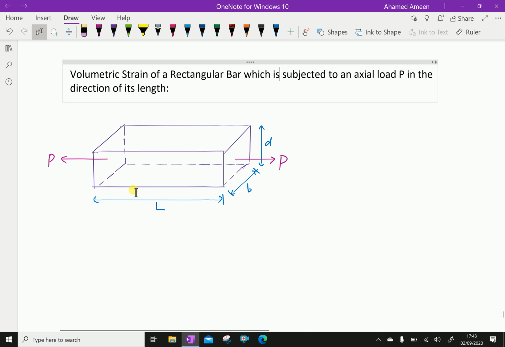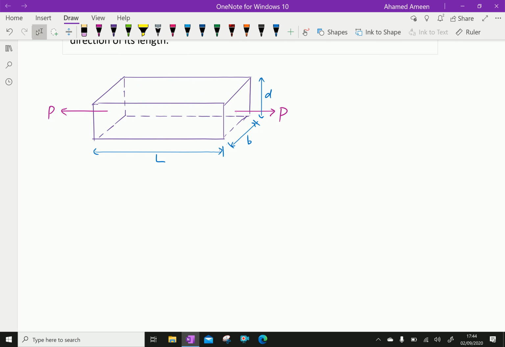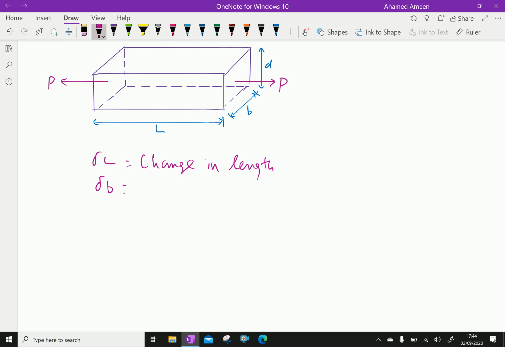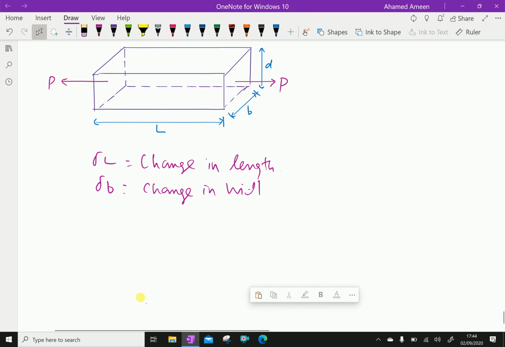A rectangular shaped metallic bar is given here, whose length is L, breadth is B, and depth is D. Delta L is change in length, delta B is change in width, and delta D is change in depth.